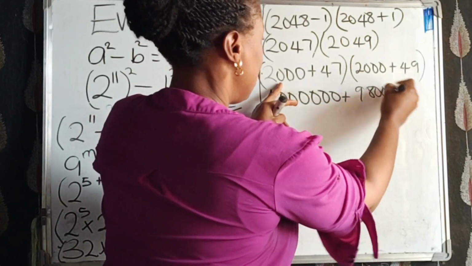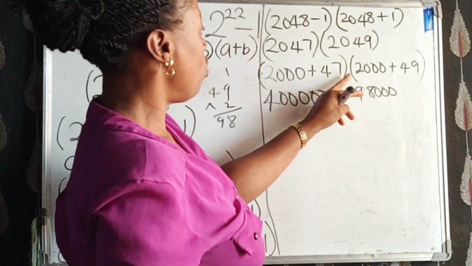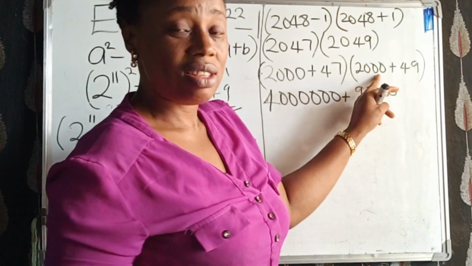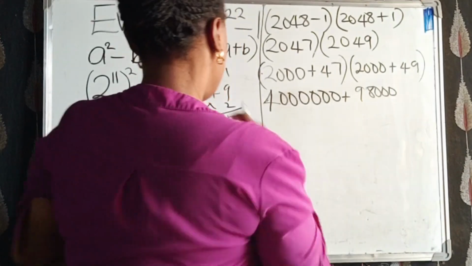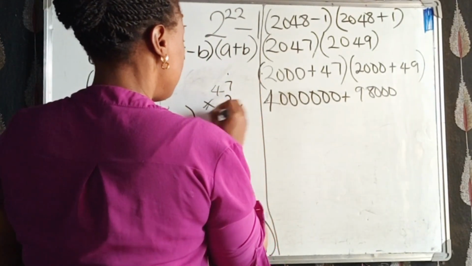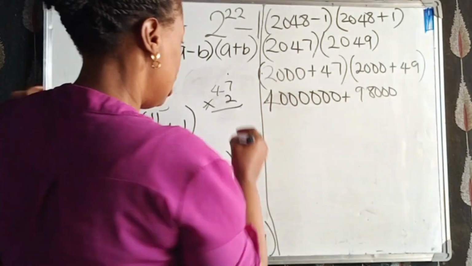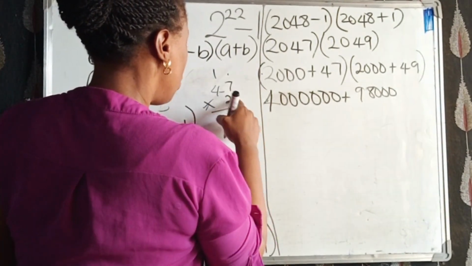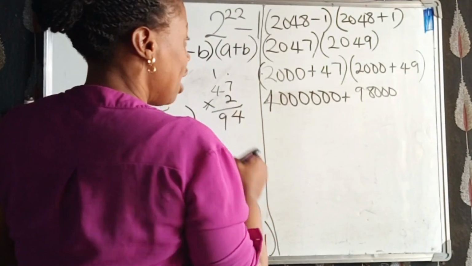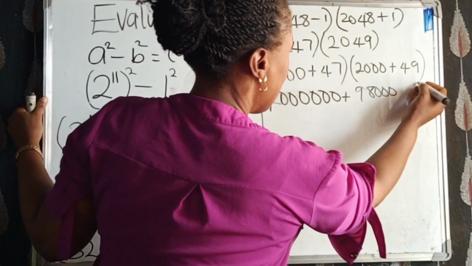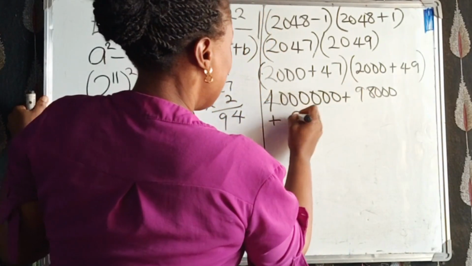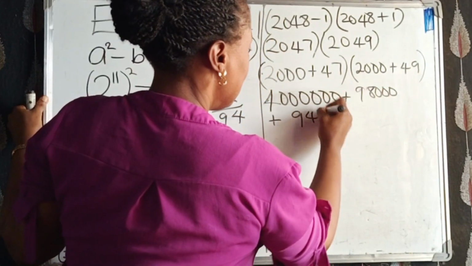The same thing you do here: you multiply 47 by 2, and then you add the 3 zeros to the answer you got. So let's do that. 47 times 2. 2 times 7 is 14, write 4, carry 1. 2 times 4 is 8, plus 1 is 9. So we have 94 with these 3 zeros.